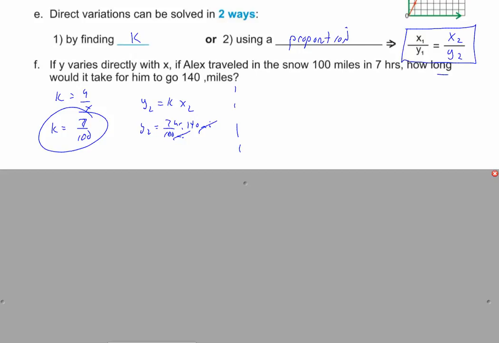So again, because I did 7 over 100, I'm solving for y. If you would do 100 over 7, that's fine. You'll solve for x. Me, I'm going to multiply to finish. If you did it the other way, you'd be dividing by k, right? The 7 over 100. And so when you multiply that out, what do you get?